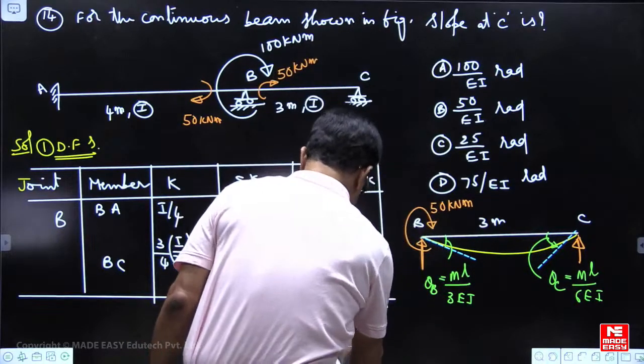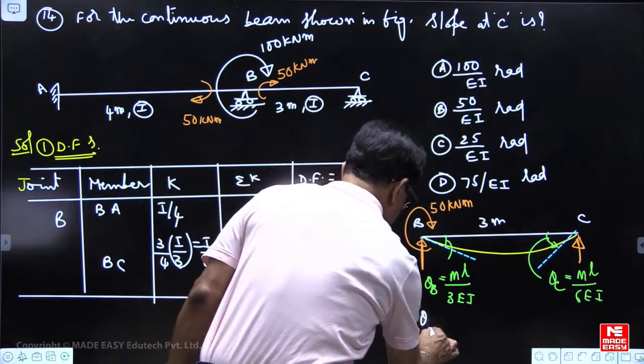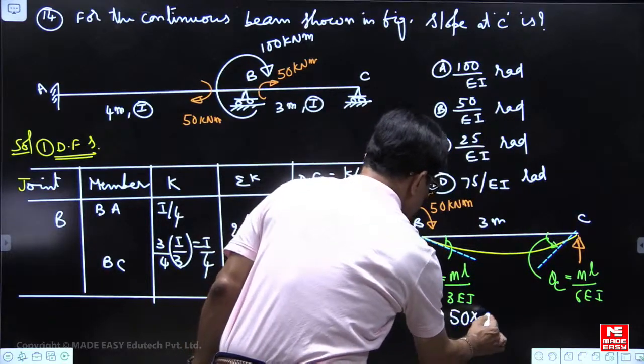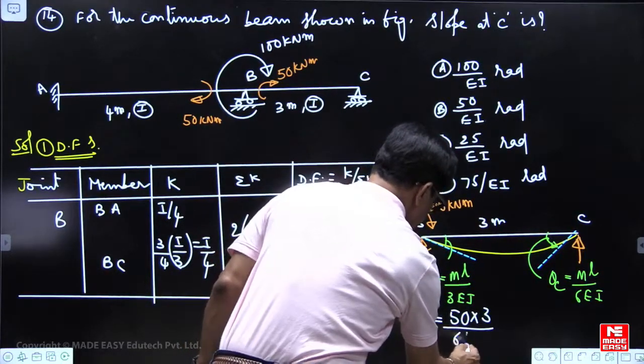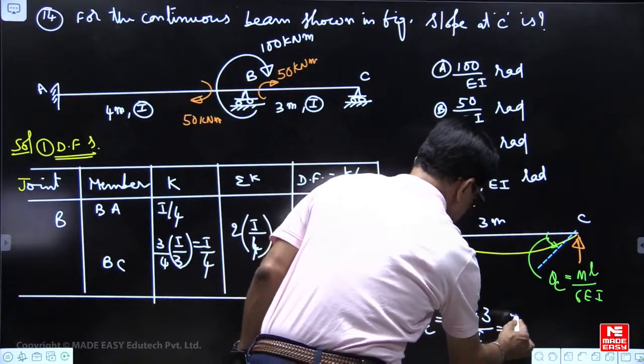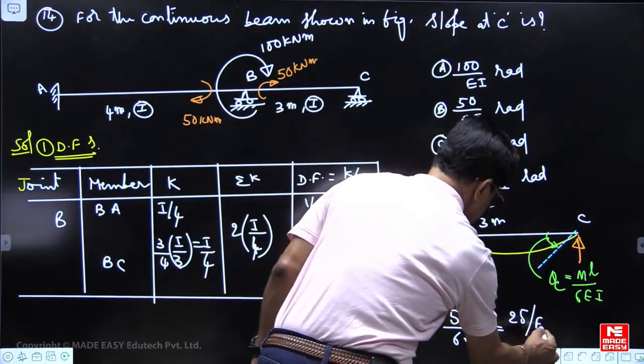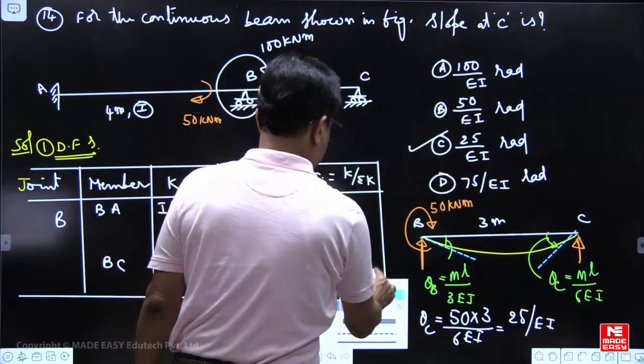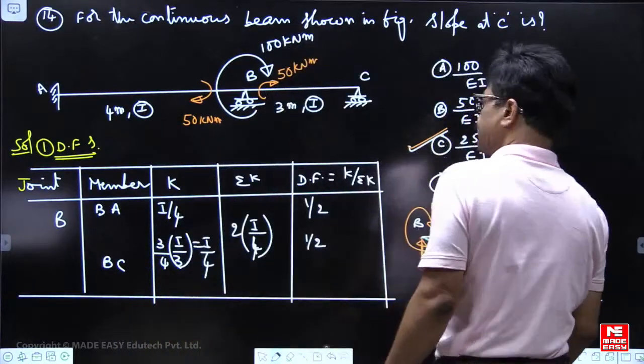So theta C is asked, M is 50, ML by 6EI, which is 25 by EI.